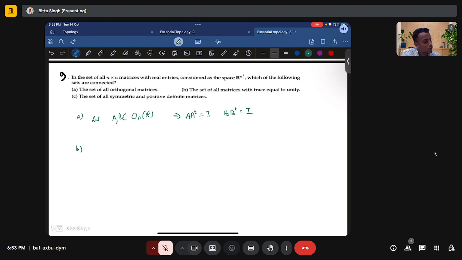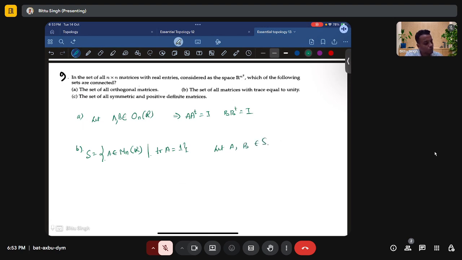The set of all matrices with trace equal to unity. A belongs to M_n(R) such that trace of A is 1. So this is the set S. So let A, B belong to S. Okay.